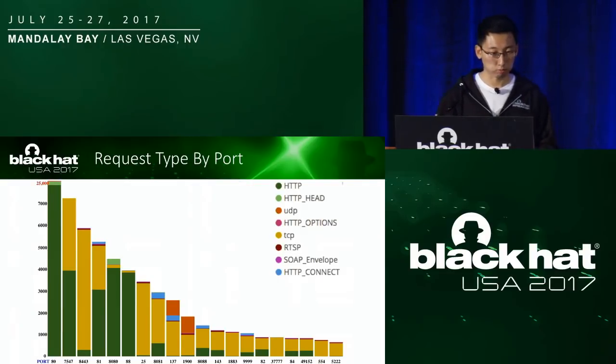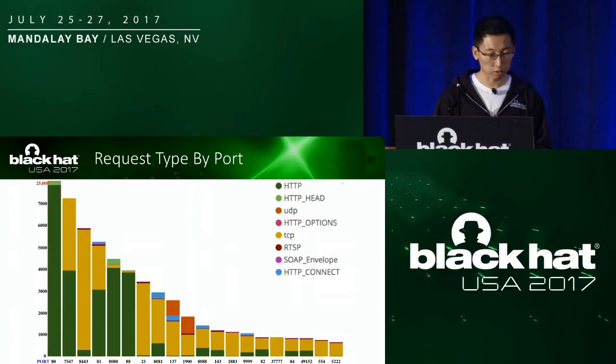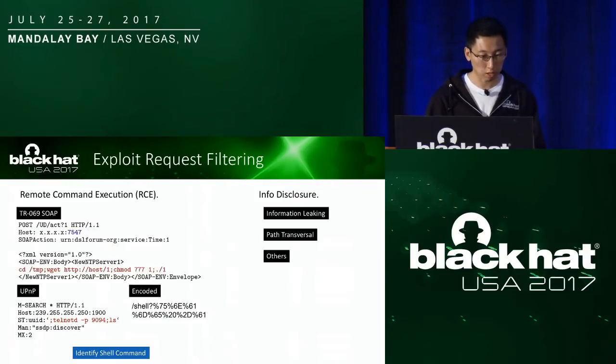And this is the distribution of the traffic we captured for each port. We have more detail about this in our white paper, but due to the time limitation, I'll skip this part.